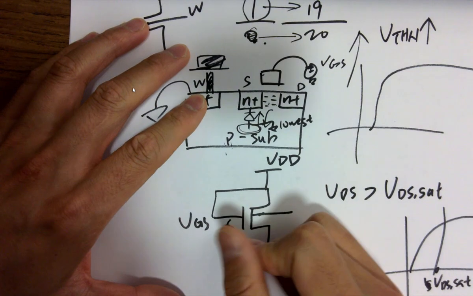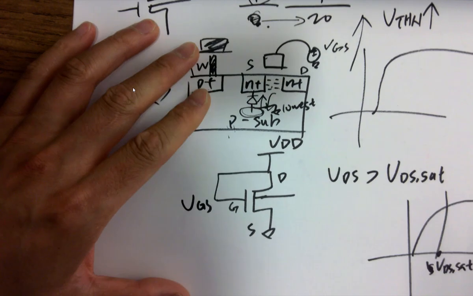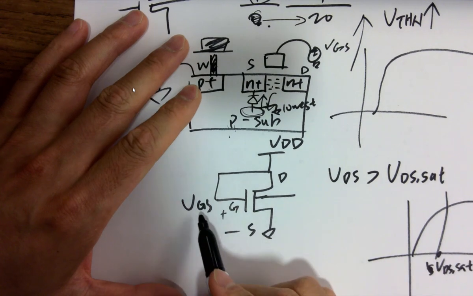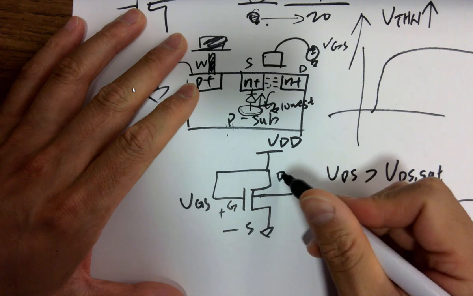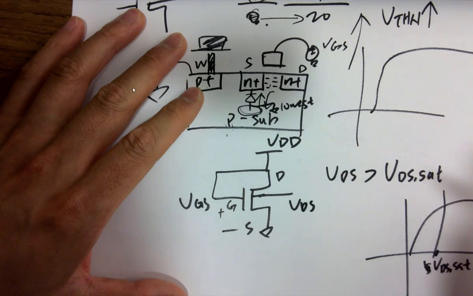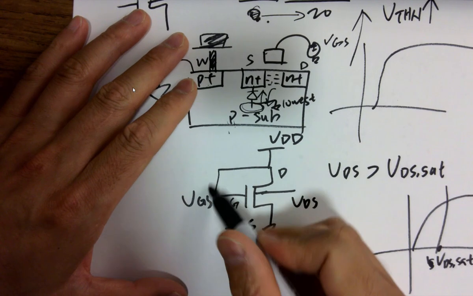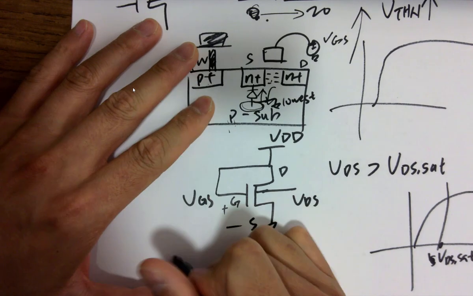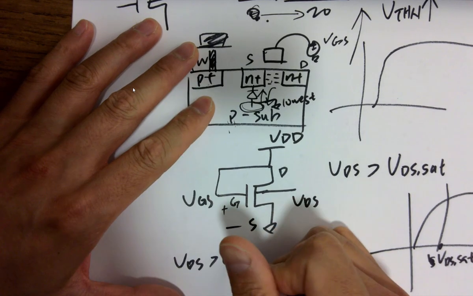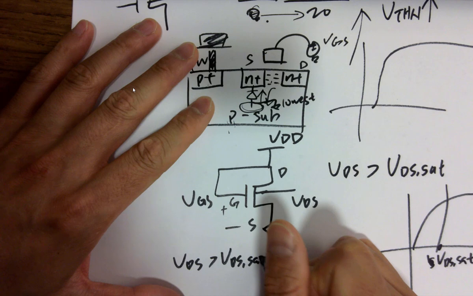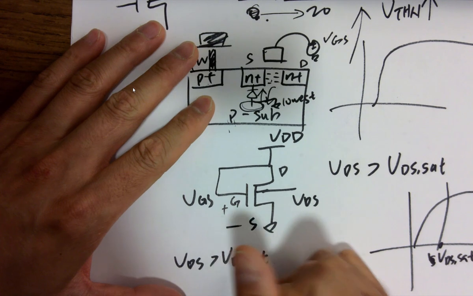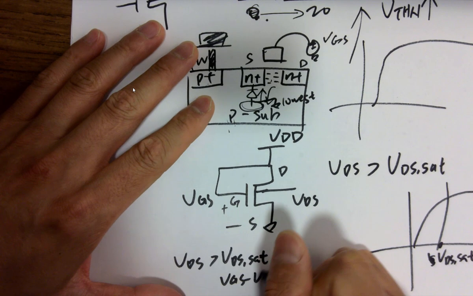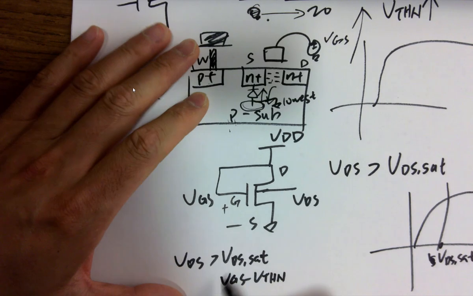If we do this, VGS, because that's a gate, that's a source, that's a drain. So the voltage between G and S is called VGS, and the voltage between D and S is called VDS. So if we do a connection like this, VDS equals VGS. Since we know that VDS has to be larger than VDS set, or basically VGS minus VTHN, it's given, right?